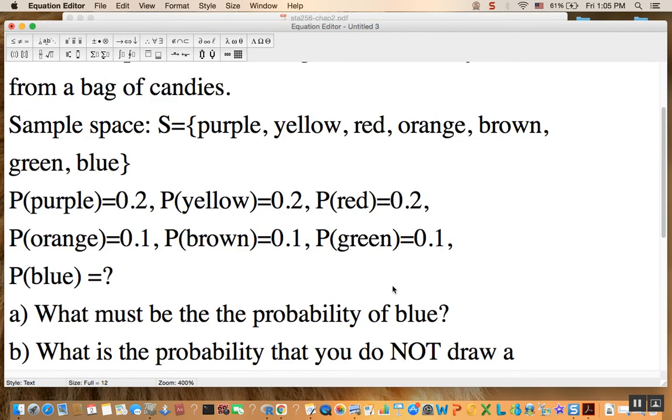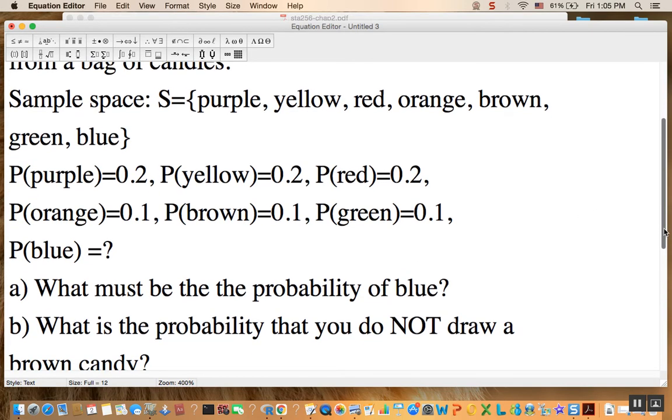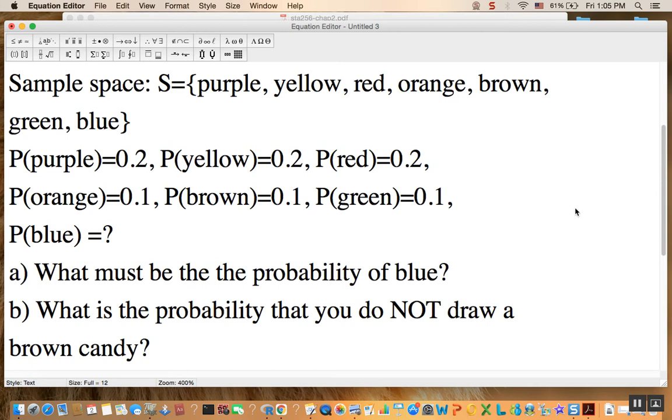Now let's turn our attention to the second question. What is the probability that you do not draw a brown candy? So let's think about this in terms of our fancy notation.